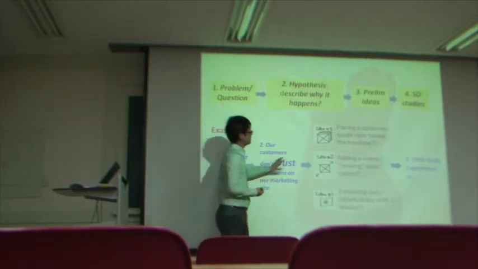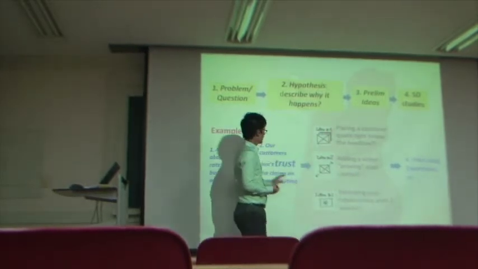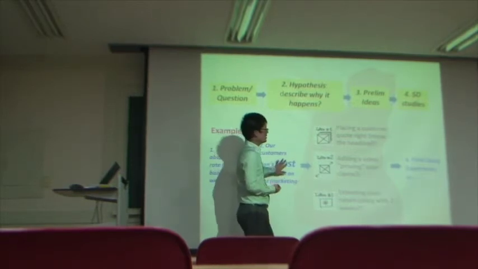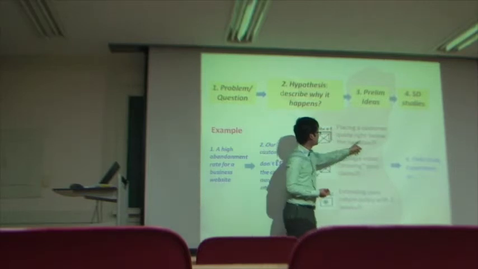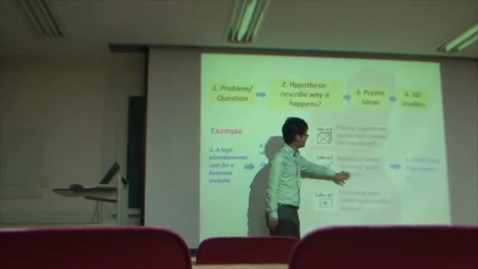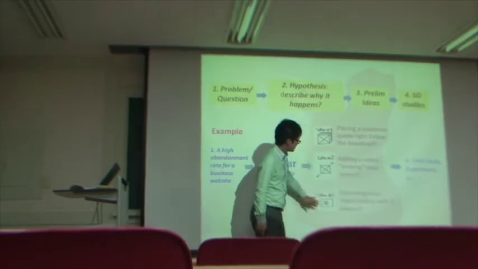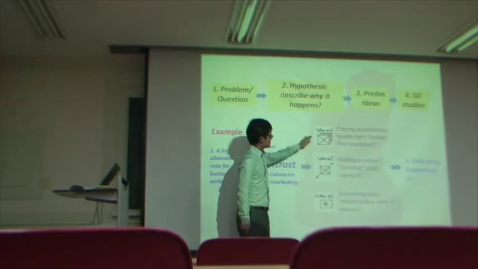Then you can come up with different ideas. If they don't trust, the first idea is to put a consumer code right below the headline. The second idea is to add a video proving your claims and explaining your return policies within 2 weeks.